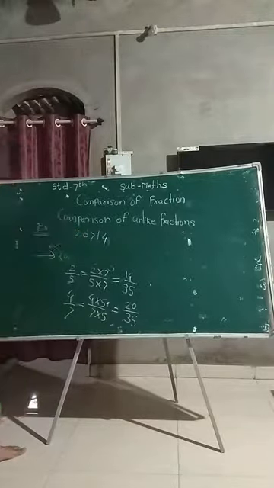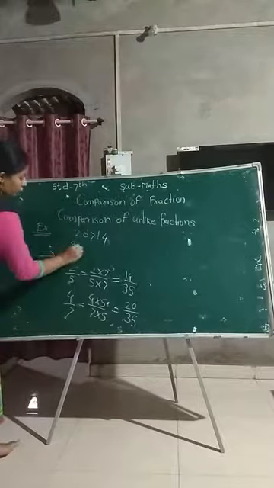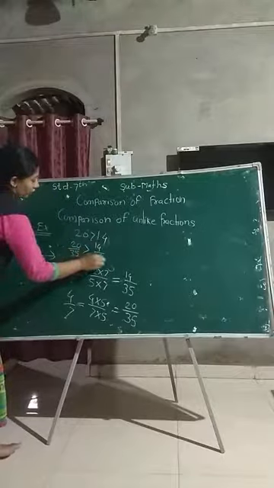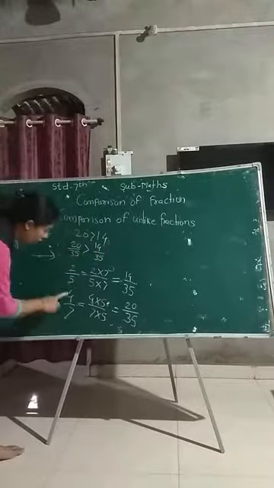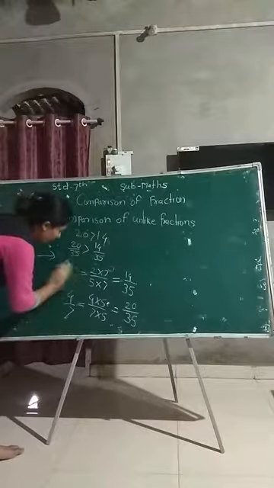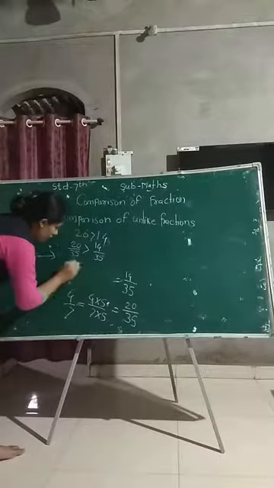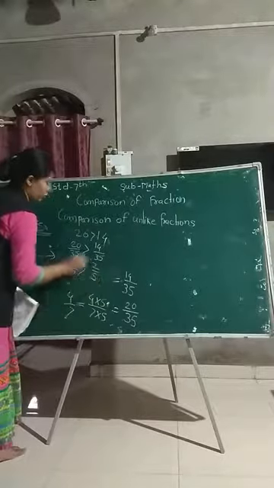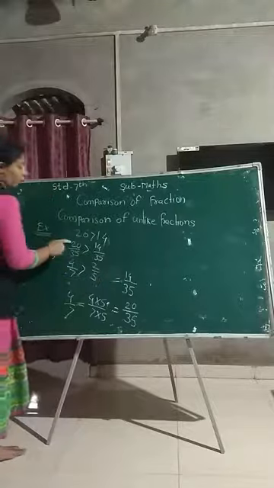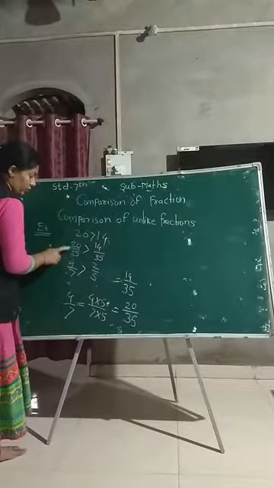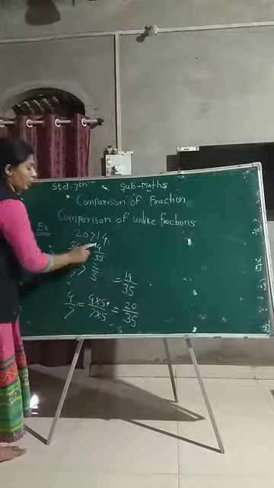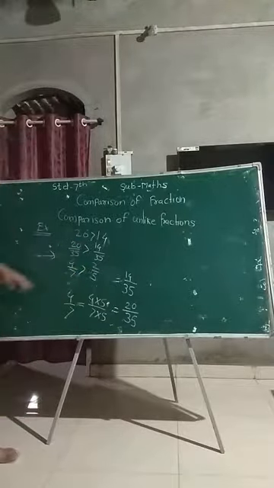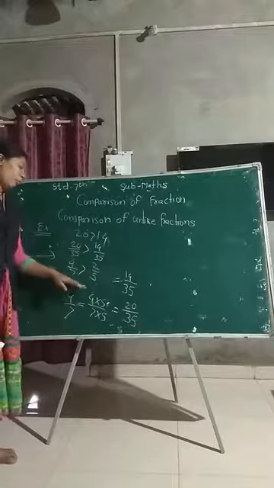Therefore 20/35 is greater than 14/35. That means 4/7 is greater than 2/5, because the equivalent fraction of 20/35 is 4/7 and the equivalent fraction of 14/35 is 2/5. So obviously 4/7 is greater than 2/5.